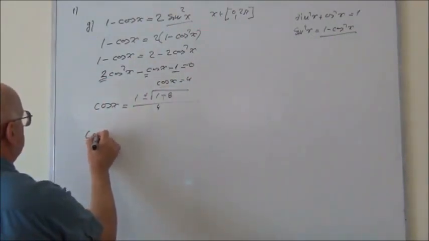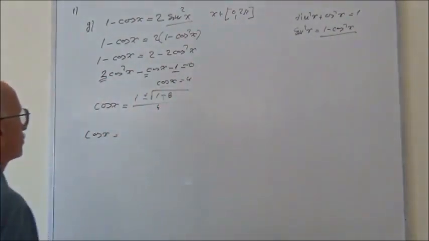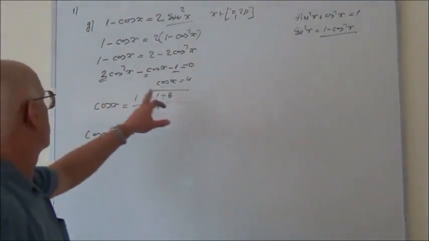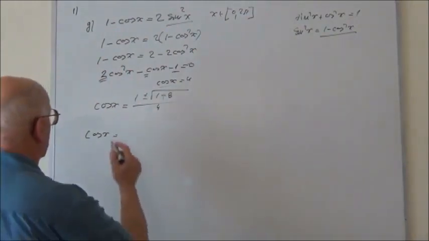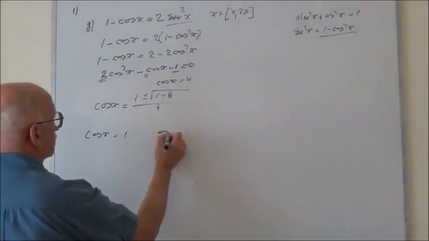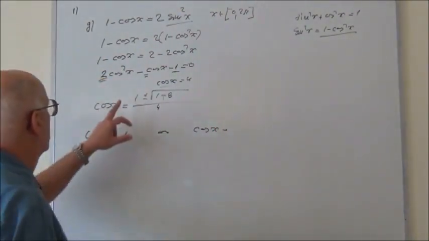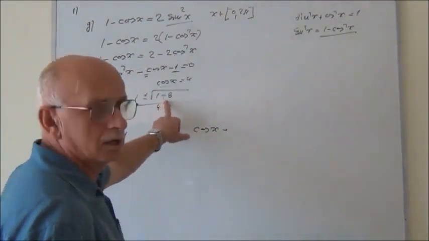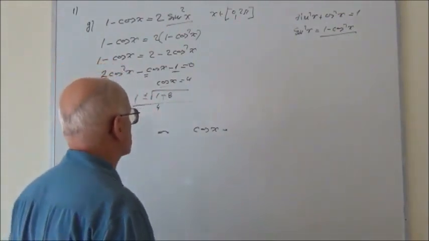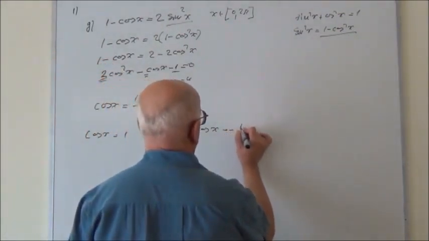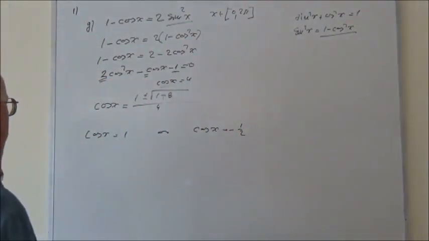And cos x then equal, this is 9, square root from 9 is 3, 1 plus 3 is 4, divided by 4 is 1, or cos x equal, now 1 minus 3 is minus 2, minus 2 divided by 4 is minus half. And straight away we have those two equations to solve.